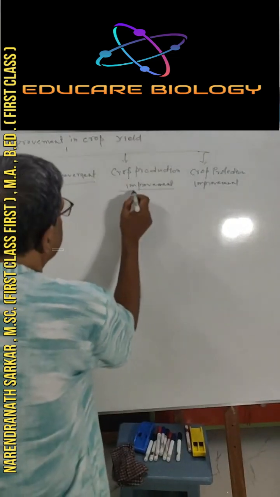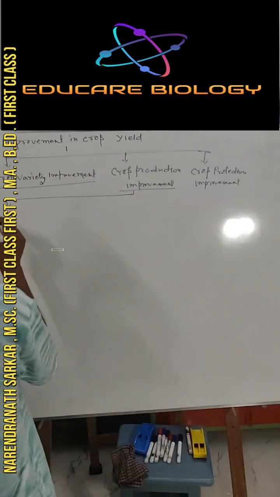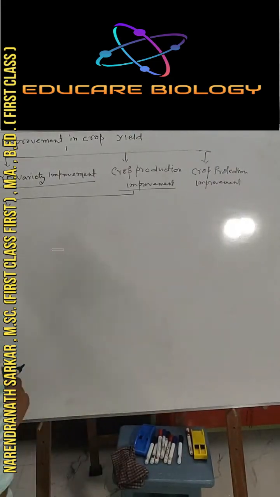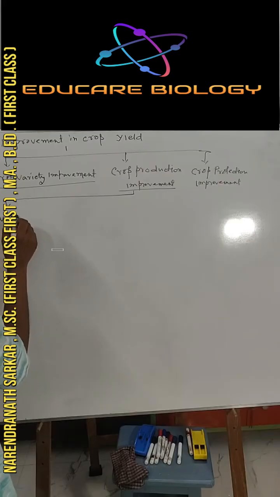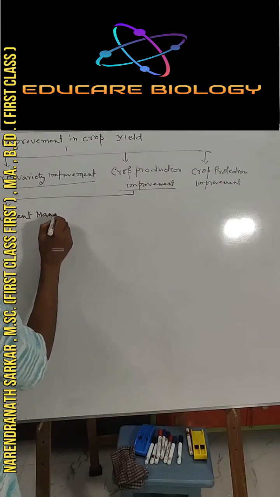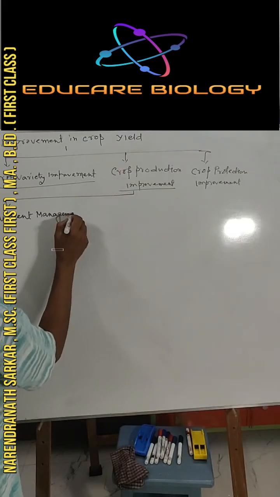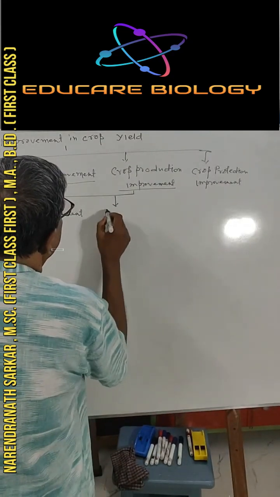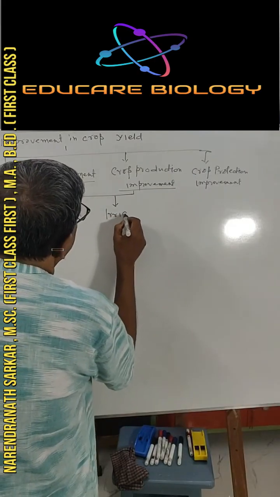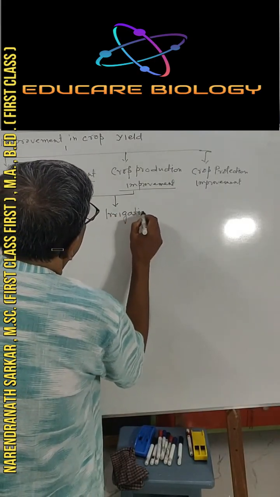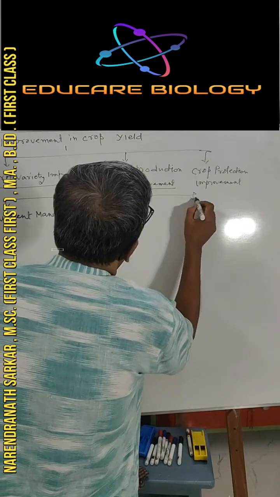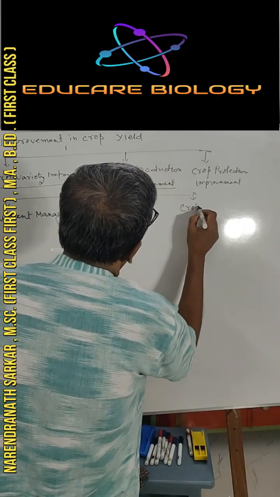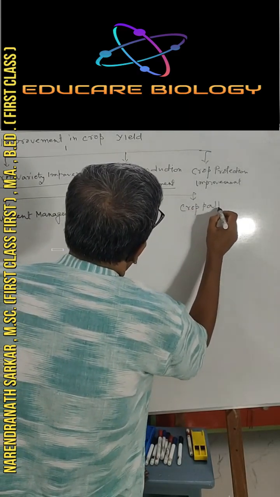Crop production improvement includes nutrient management, irrigation, and crop patterning.